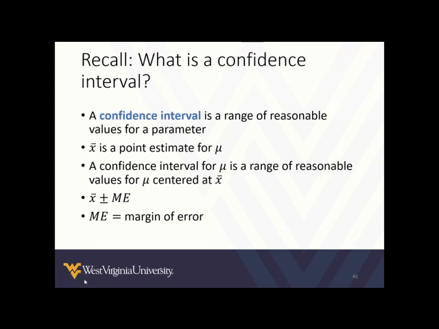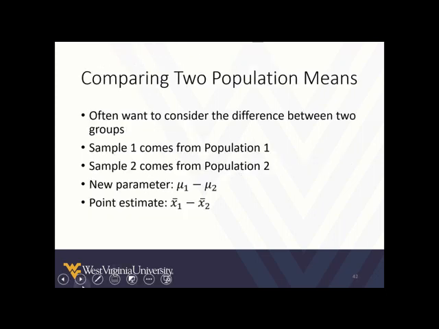A confidence interval is a range of reasonable values for a parameter. A sample mean is a point estimate for mu. Confidence interval for mu is a range of reasonable values for mu centered at the sample mean. And the sample mean plus or minus a margin of error is what constitutes our confidence interval.